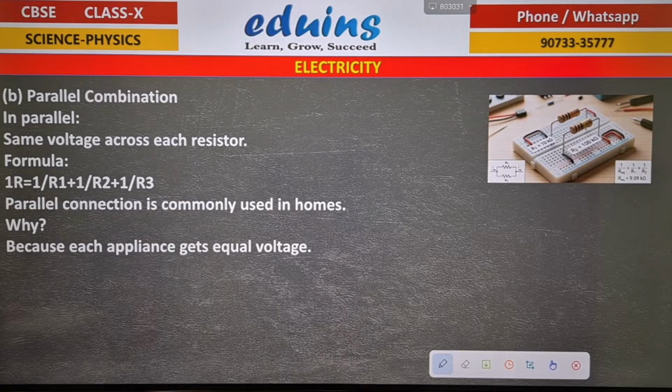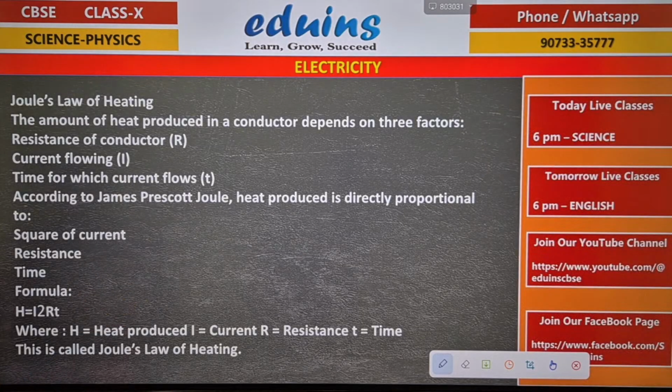Now the important part, Joule's law of heating, that is the heating effect of current. The amount of heat produced in a conductor depends on three factors. So what are those factors?